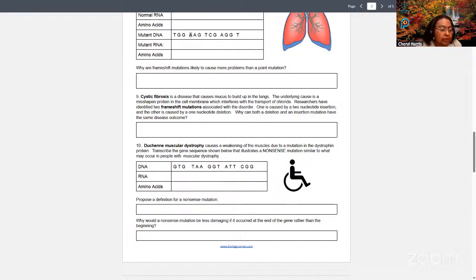Does it always have to be one nucleotide? Yes, it usually is. Sometimes it can be more than one because you could have a whole section missing, in which case you would be leaving out a whole amino acid. But it is usually just one nucleotide causing the problem.